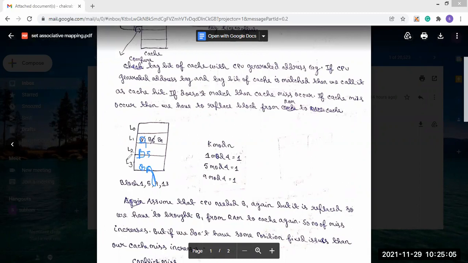This position fixed issue generates a problem that we call the conflict miss, and this is the disadvantage of the direct mapping technique.